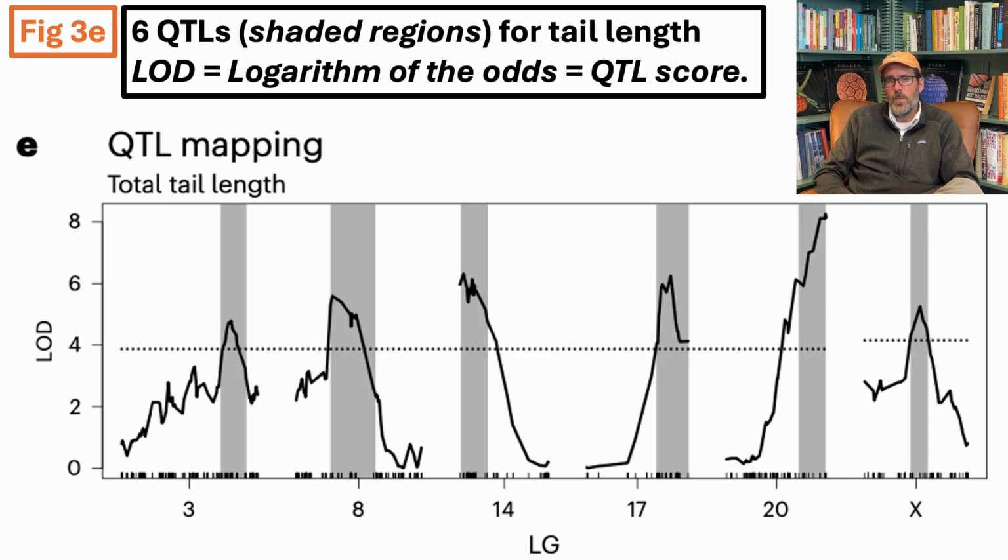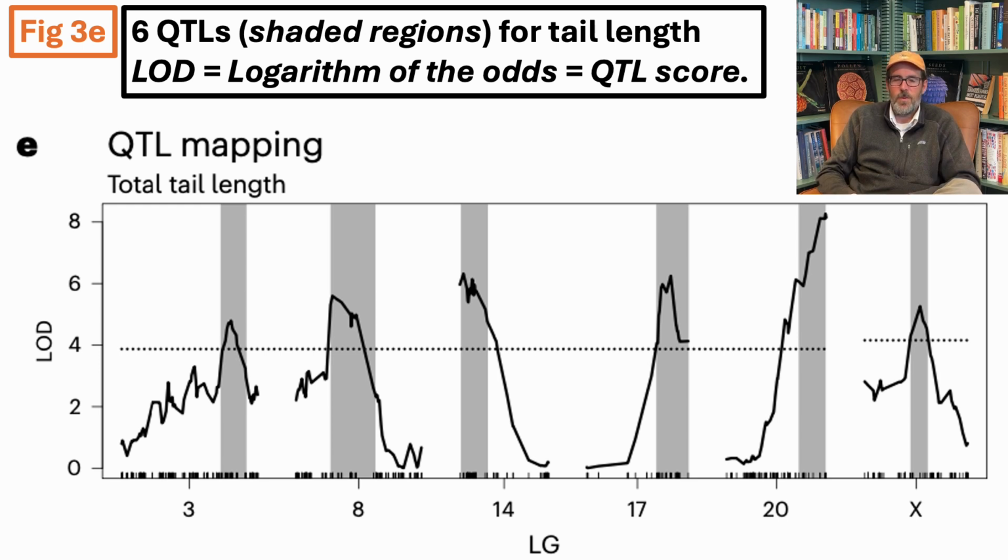So this is the QTL map for total tail length, and the QTL is measured in the LOD score, logarithm of the odds, which I call the QTL score, just for simplicity. The line that goes up and down, once it crosses that dashed line, is essentially the level of the significance threshold, and then you form this window around that upward part, which is the region of the genome.